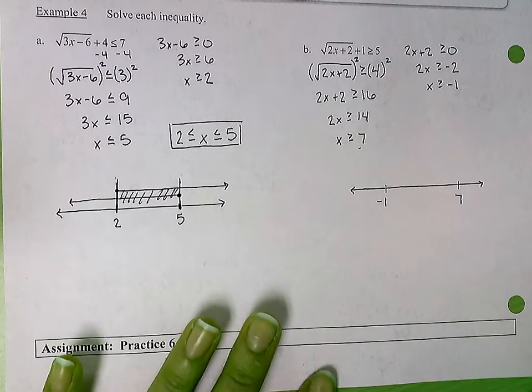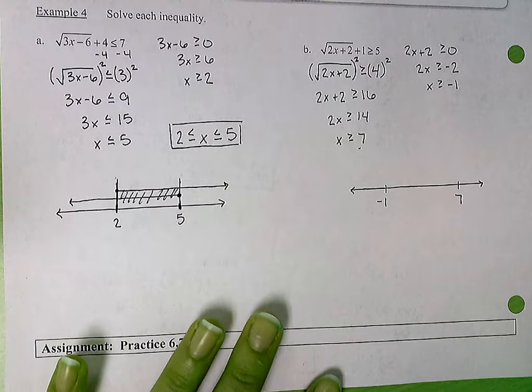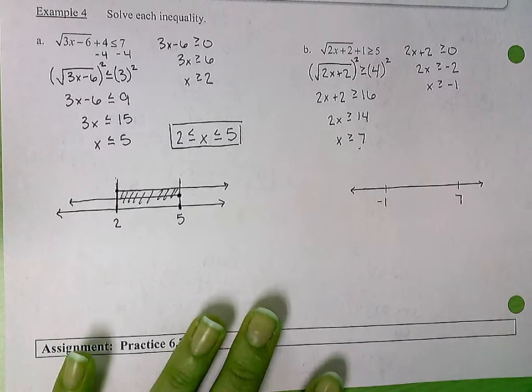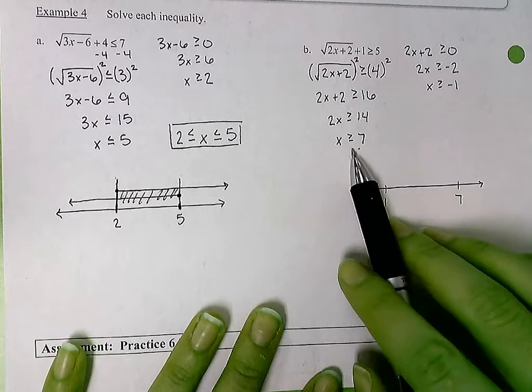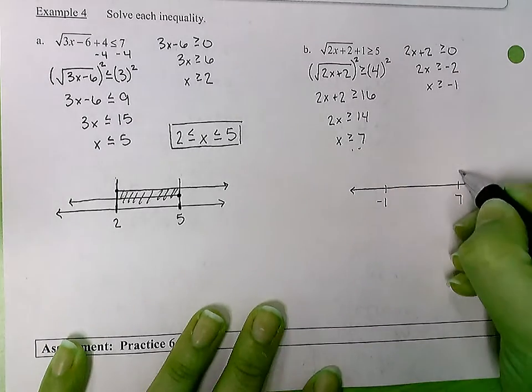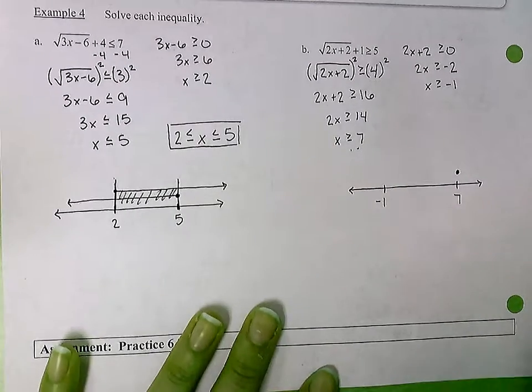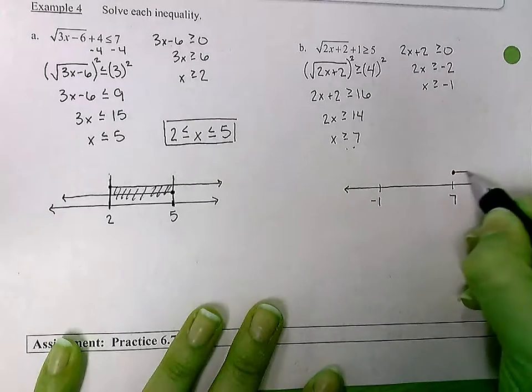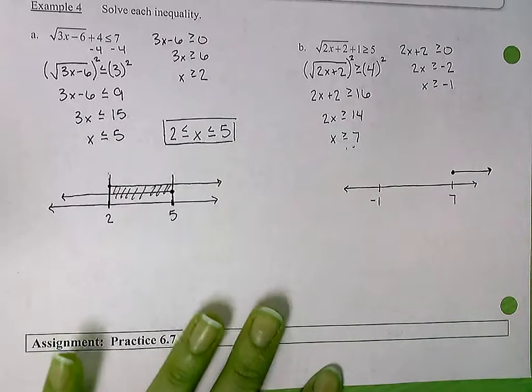So with x greater than or equal to 7, that's a closed dot at 7, and it has to be numbers greater than 7, so to the right.